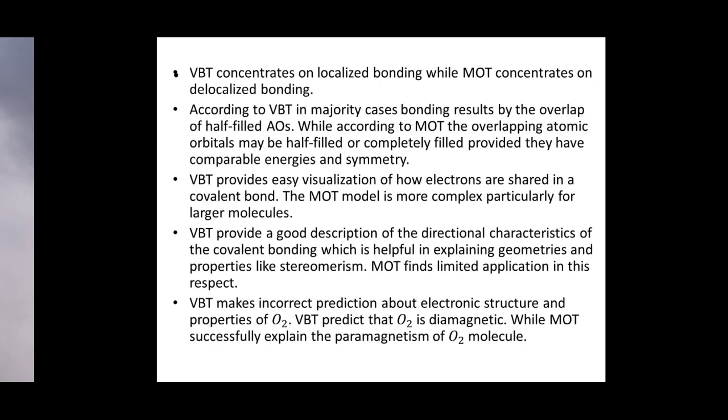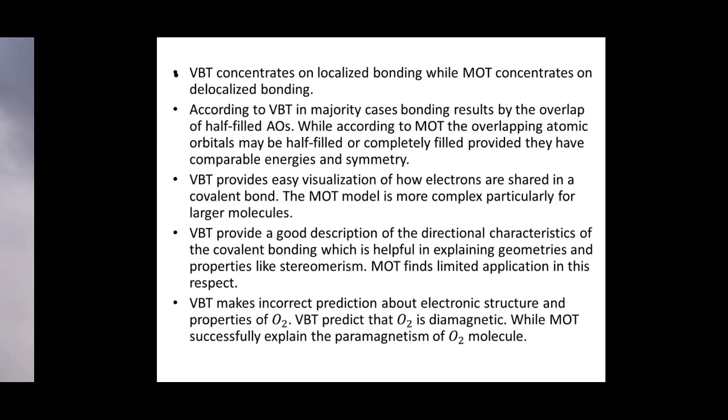According to VBT, in the majority of cases, bonding results from the overlap of half-filled atomic orbitals, while according to MOT, the overlapping of atomic orbitals may be half-filled or completely filled, provided they have comparable energy and symmetry. So in VBT, overlapping requires atomic orbitals containing half-filled electrons.